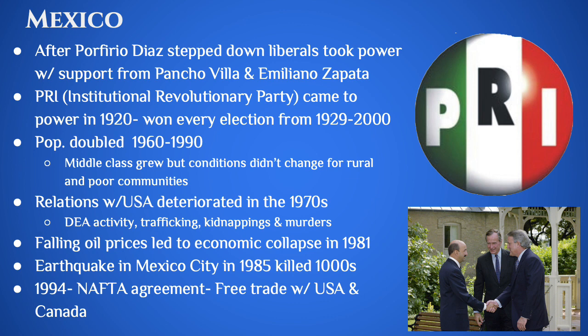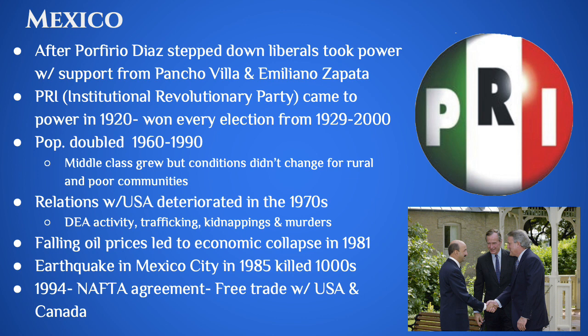There's a horrible earthquake in Mexico City in 1985. It killed thousands and thousands and thousands of people and really kind of devastated Mexico's economy. And if you recall, when we were looking at OPEC, this is a period where OPEC and overproduction of oil also contributed to, really, really seriously damaging Mexico's economy.